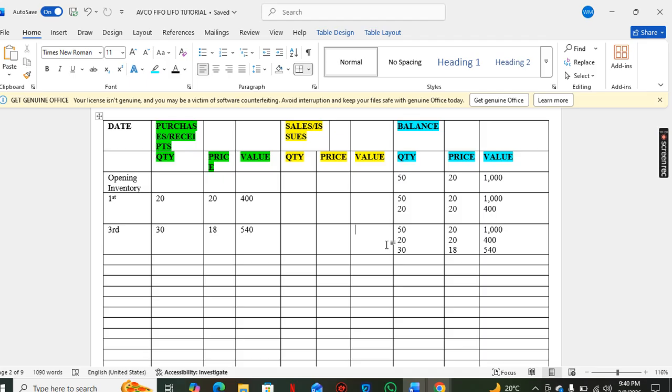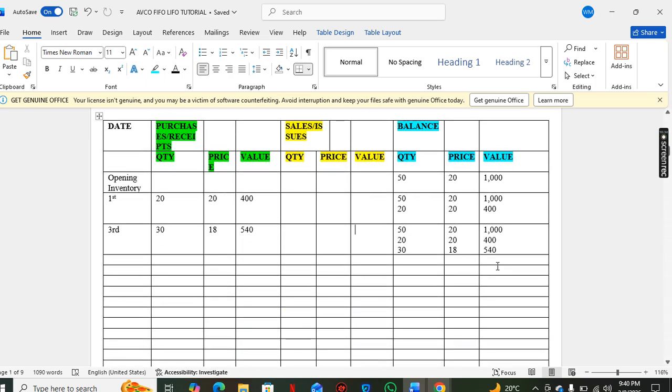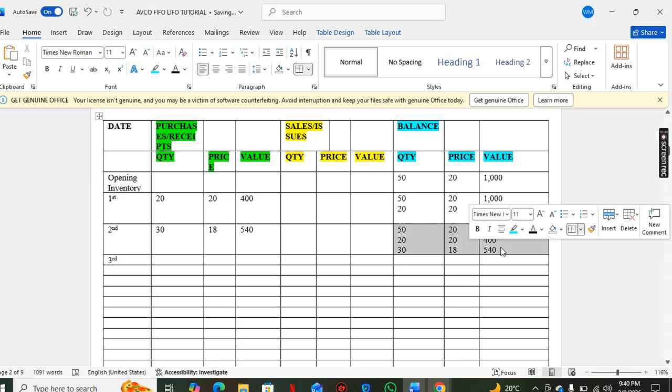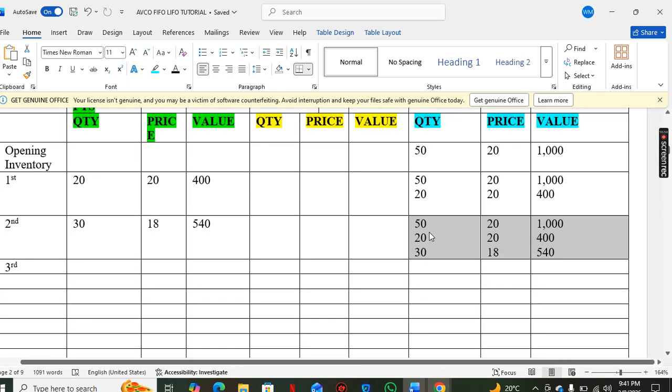The question has told us, on the 3rd, issued out 20 units. So on the issues, first you're going to come to this balance section and see, since this is first in, first out, which is the oldest stock. The oldest stock is this 50 units.